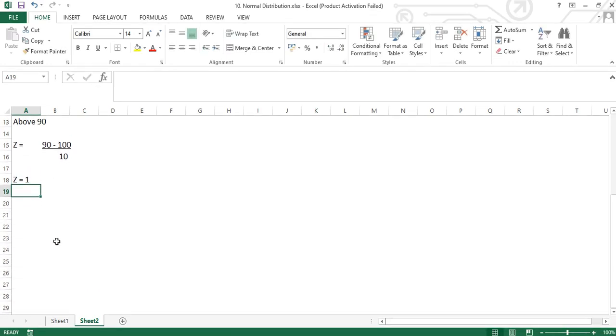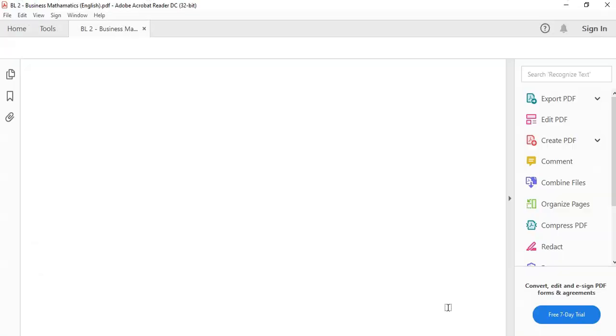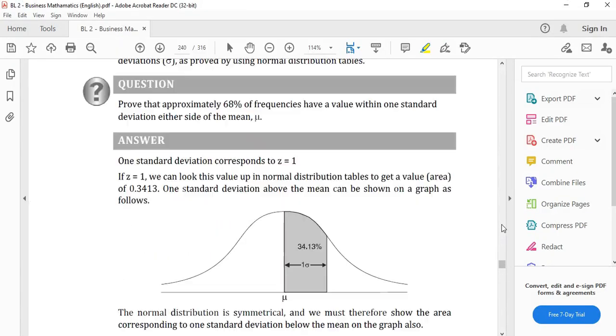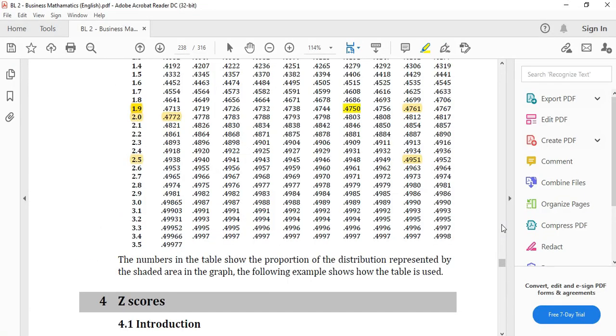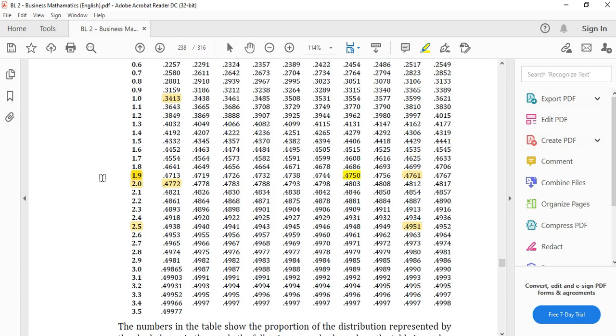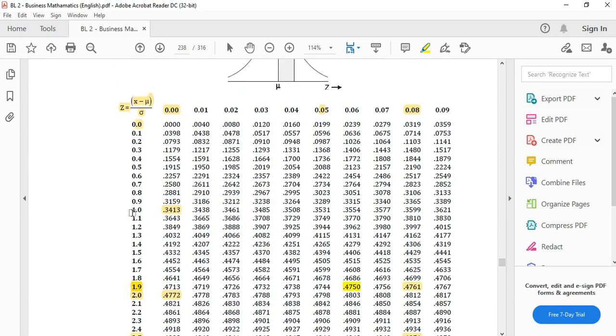If it is plus 1, go to the normal distribution table now and search for the probability next to 1. Our answer doesn't have any decimals, so you could use 0.00. If you use 1 plus 0.00, what's the answer? 0.3413.